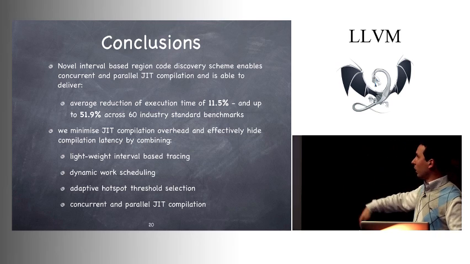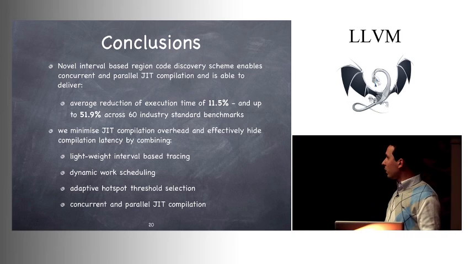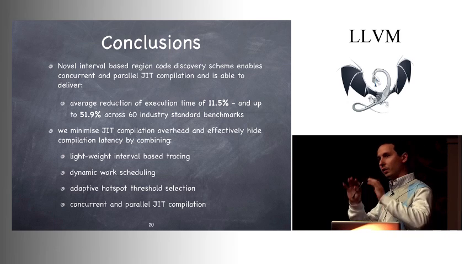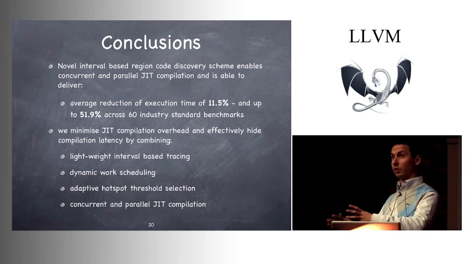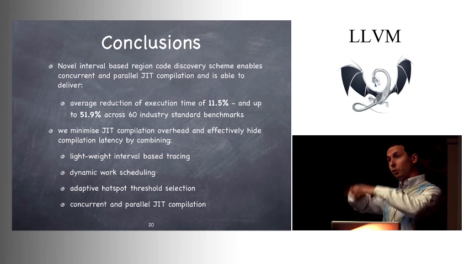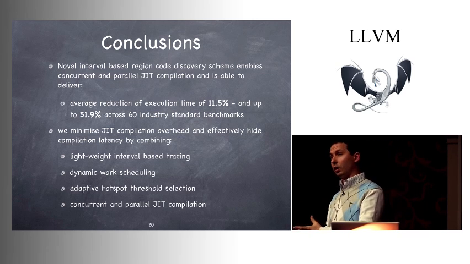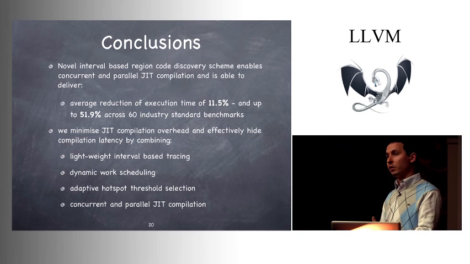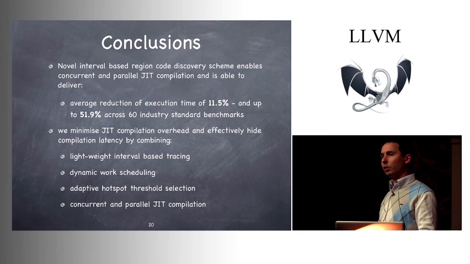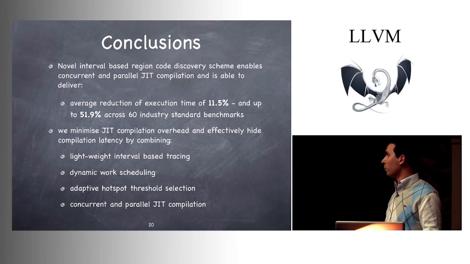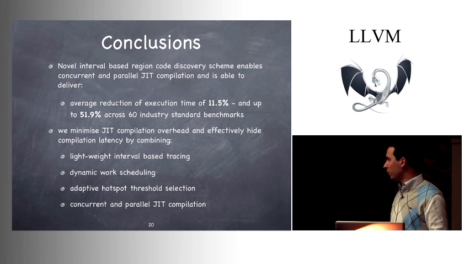We've done this through all the key components that I've been showing you: being able to use reasonably large compilation units that expose enough opportunities for optimization for the dynamic compiler, dynamic work scheduling and adaptive hotspot threshold selection, and of course, the concurrent and parallel JIT.